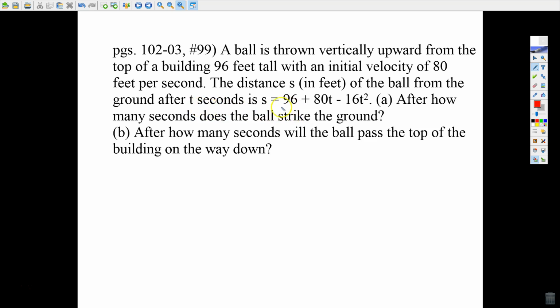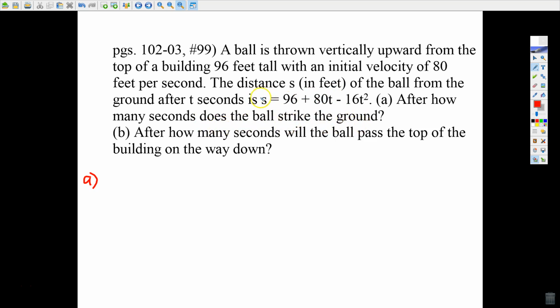How many seconds after it's thrown will the ball be above the ground is essentially what this is going to tell us. So let's take letter A. After how many seconds, or in other words, what is t when the ball strikes the ground?